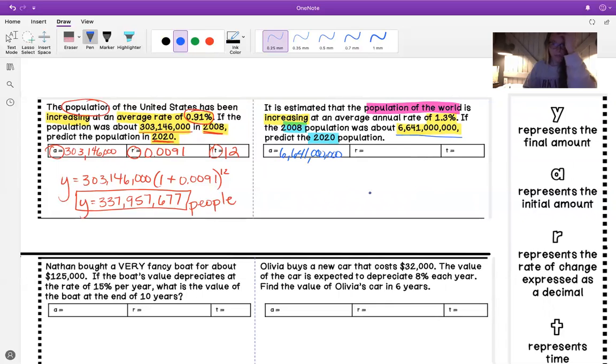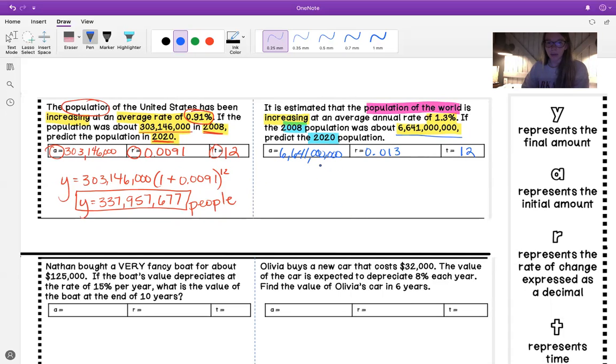And then the annual rate of 1.3%. We need to change that to a decimal because we can't type that into our calculator, so move it two decimal places to the left, which is 0.013. And then time, again, we're going from 2008 to 2020, so once again, that is 12 years.